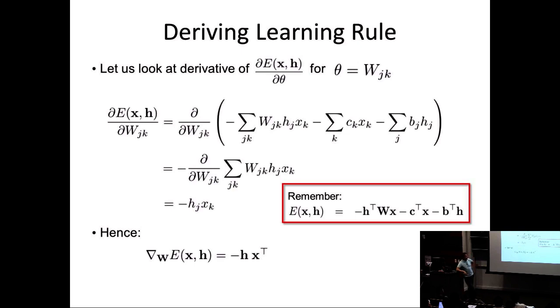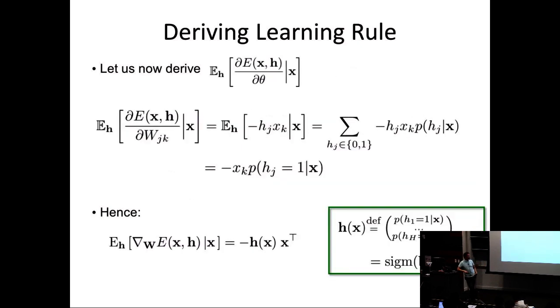So the derivative of the energy with respect to W is just h x transpose, and the reason is because W is of size d by h, so this is going to be of size d by h. You just have to match the dimensions. So it's very easy to compute. It's just matrix multiplication.